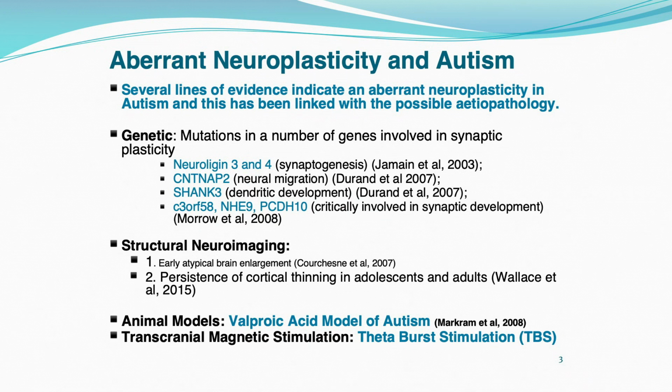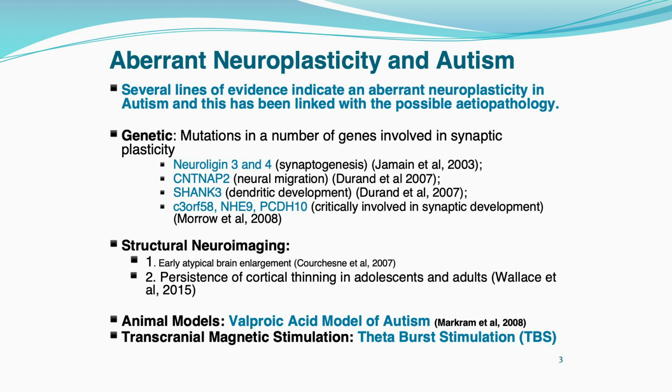The fact that the brain in autism is characterized by abnormal neuroplasticity is supported by 4 key lines of research. The first is mutations in several genes that actually regulate our brain plasticity. The next line came from neuroimaging, like magnetic resonance imaging and computerized tomography scans. But I will highlight the 3rd and 4th, which are quite relevant to my research.